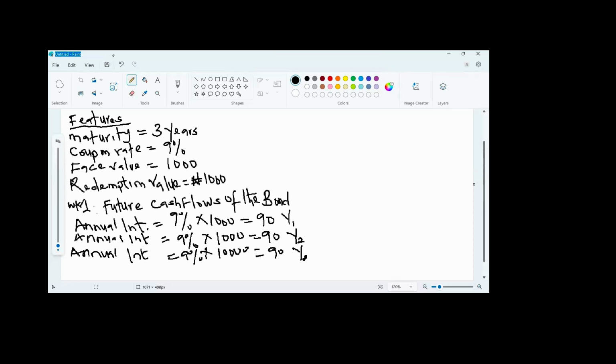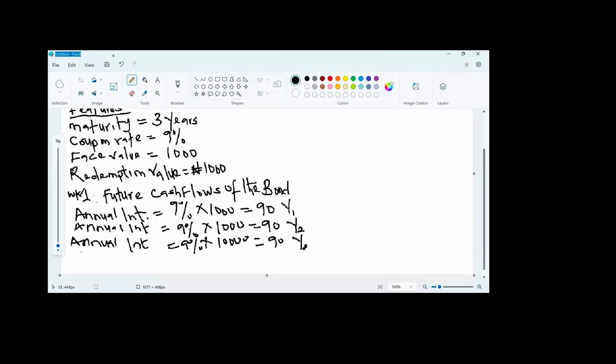In year 3 again, we are going to get the redemption value. The redemption value is 1,000 naira. This is also year 3. You observe that in year 3, you have 2 cash flows.